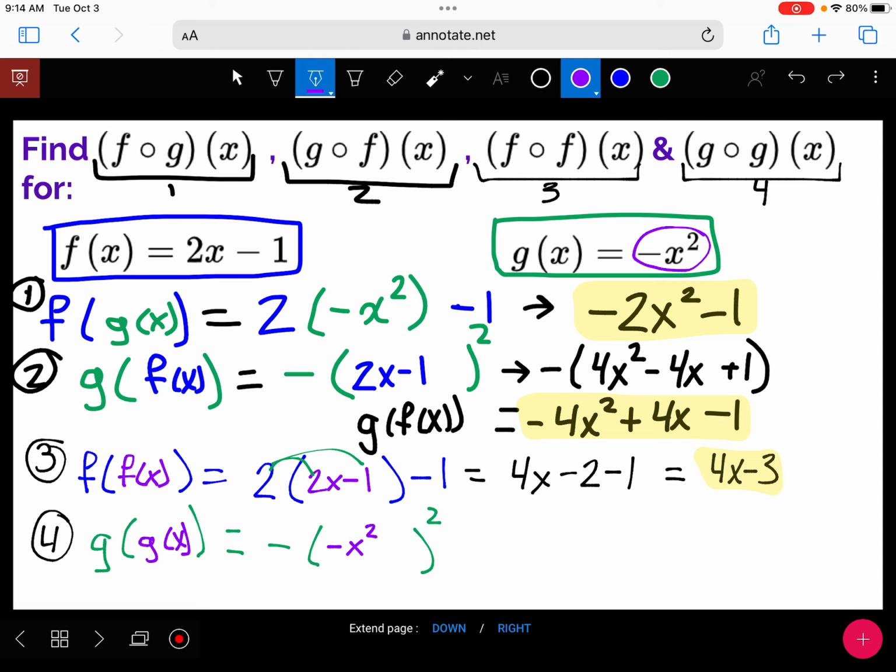And then we're going to simplify this. What is negative x squared squared? X to the fourth. That negative sign is going to cancel out. Because negative x squared times negative x squared gives you positive x to the fourth.